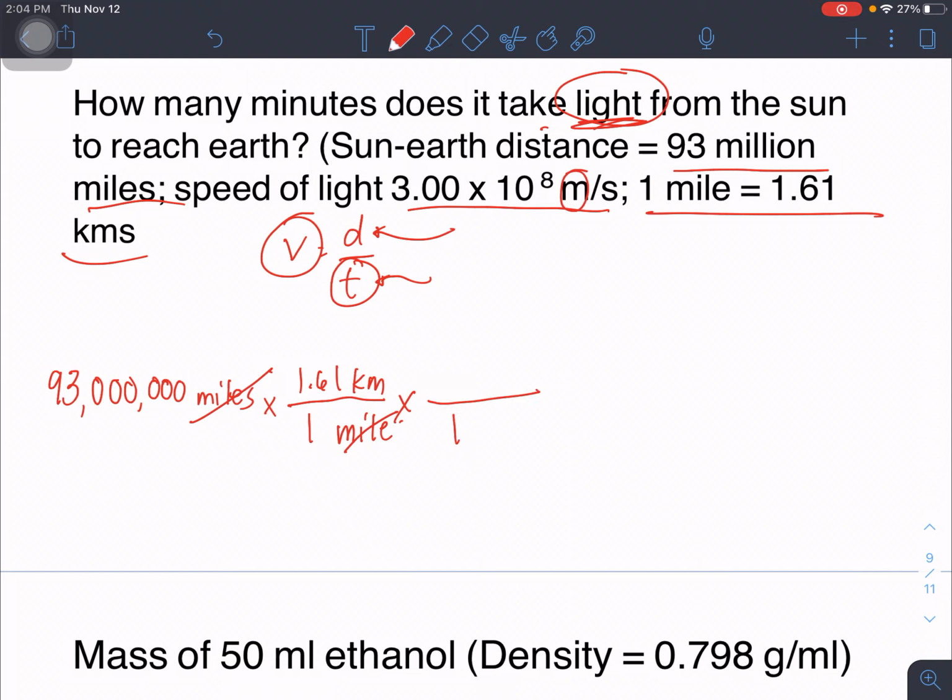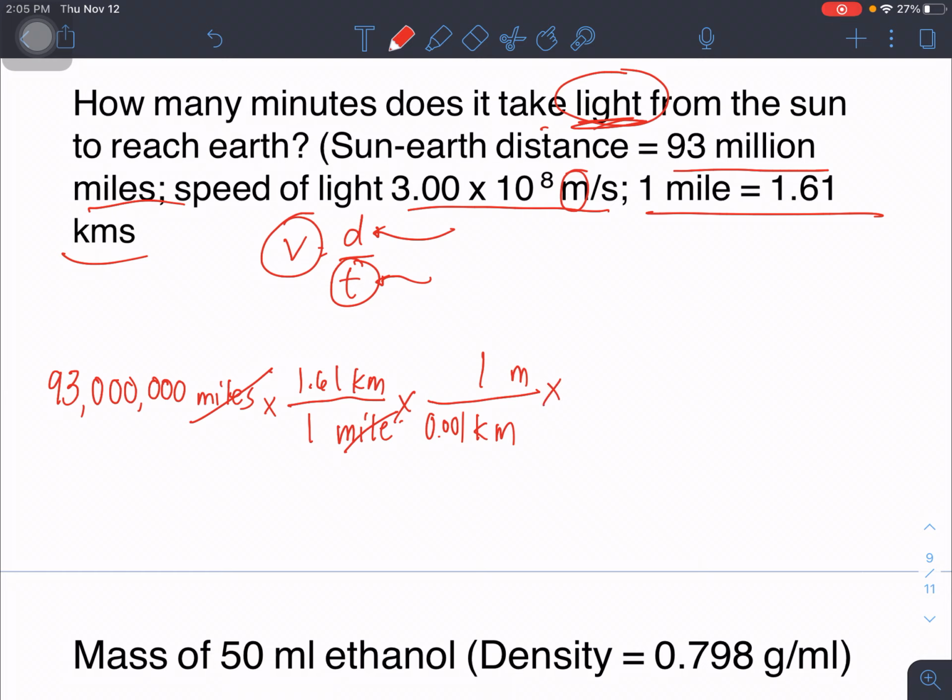So 1 kilometer is 1,000 meter. Okay, I'm sorry, I think I should use the other one to be uniform with our given. So this is 1 meter and 0.001 kilometer. Okay, however, if you try the earlier factor, there's nothing wrong with it.